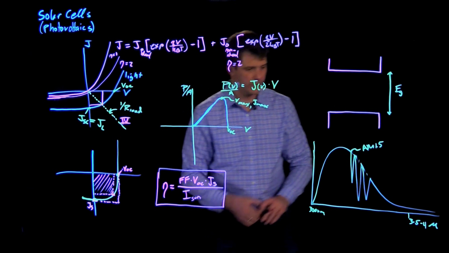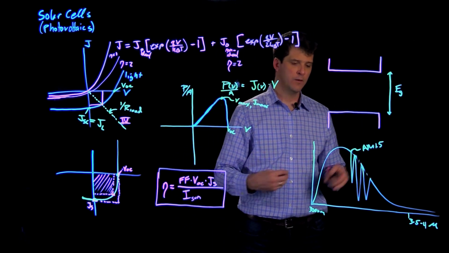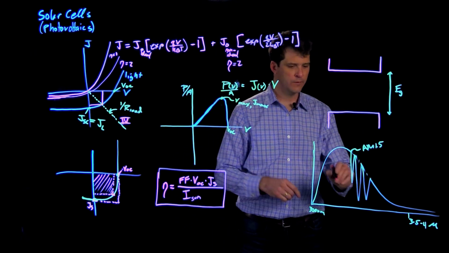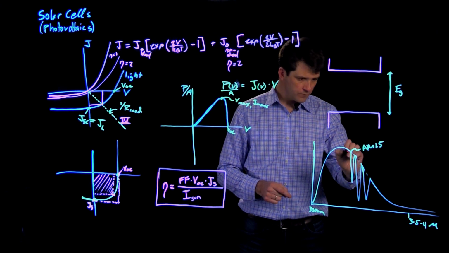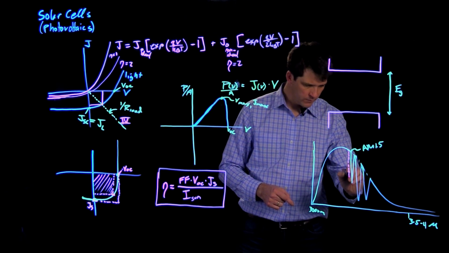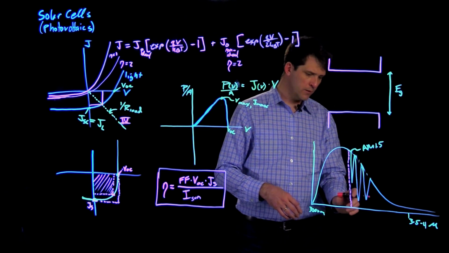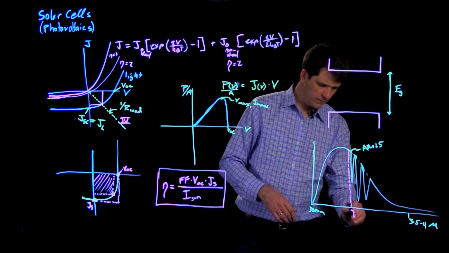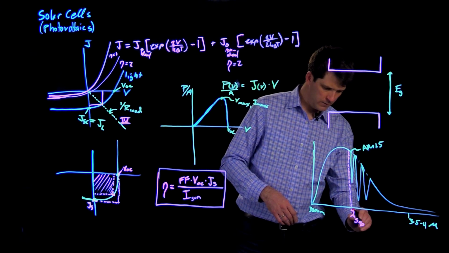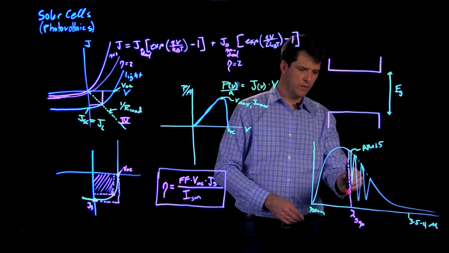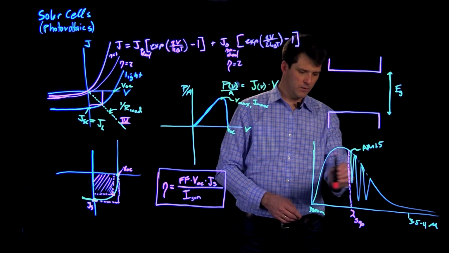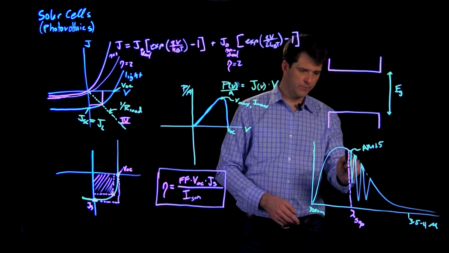Now, if I have a particular semiconductor that I'm going to make my solar cell out of, let's say silicon, its band gap will mean that it can only absorb photons that are to the left, at shorter wavelengths.